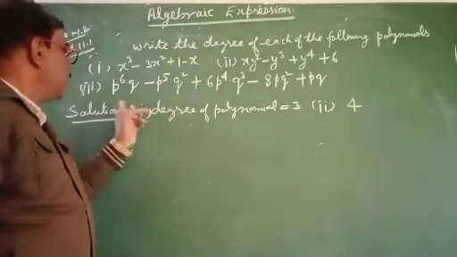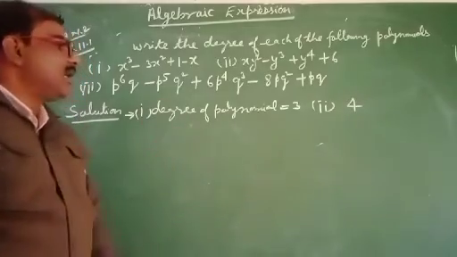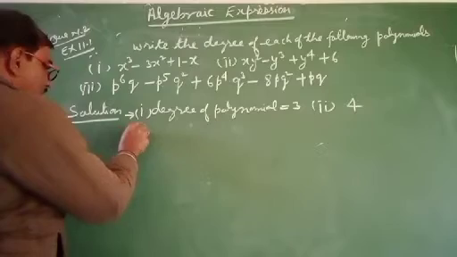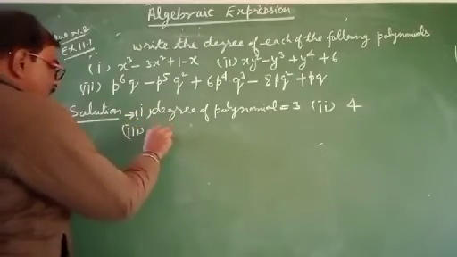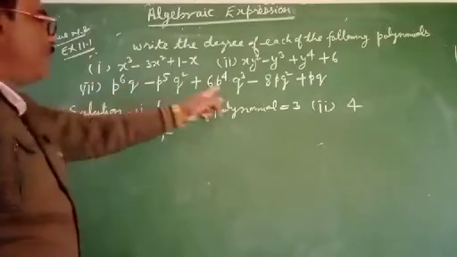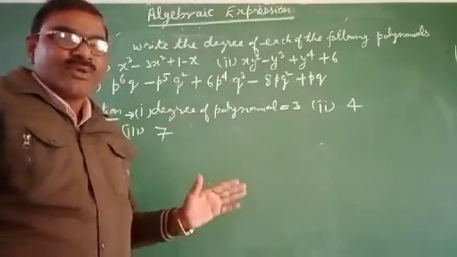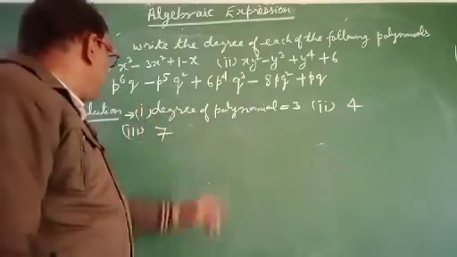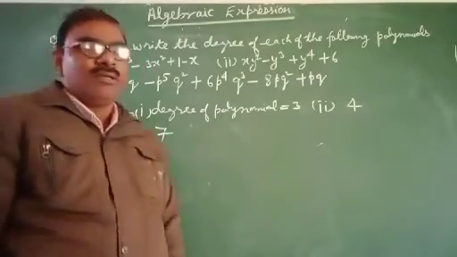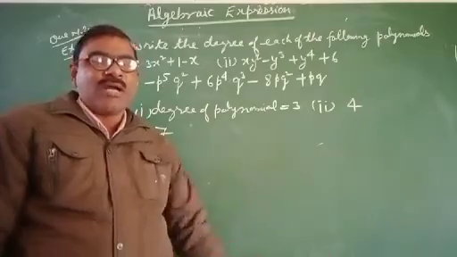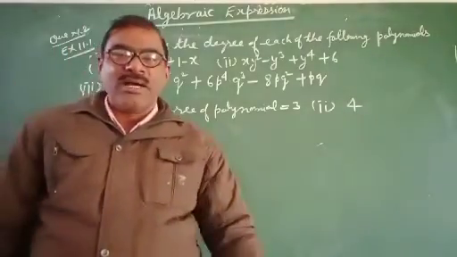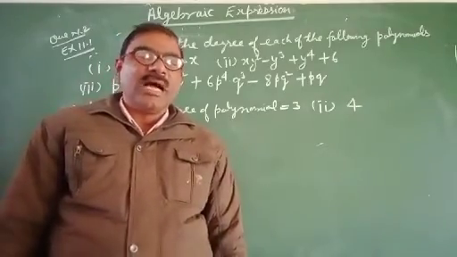So in the third part, the degree of the polynomial will be 7, because 5 plus 2 is 7, 6 plus 1 is 7, 4 plus 3 is 7. This is the highest power. So dear students, I hope that it is clear to you how you can find the degree of a polynomial.